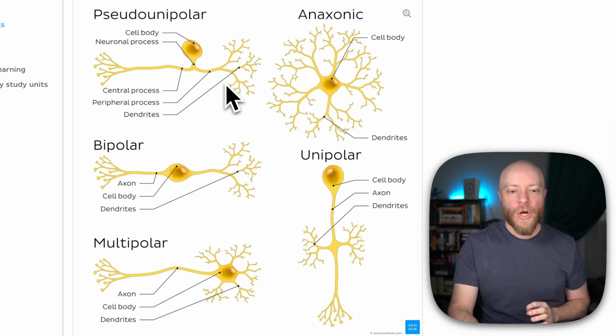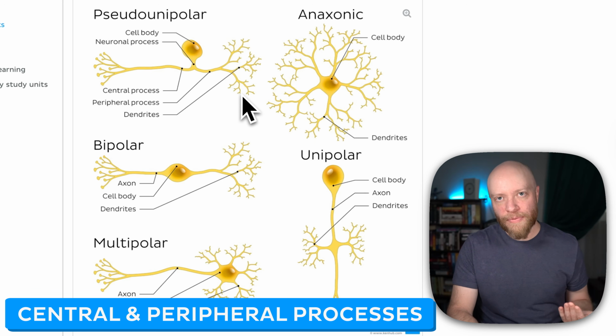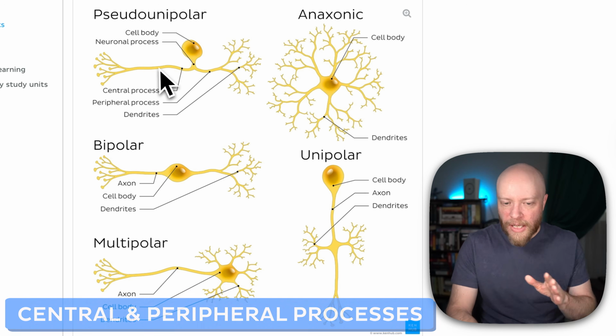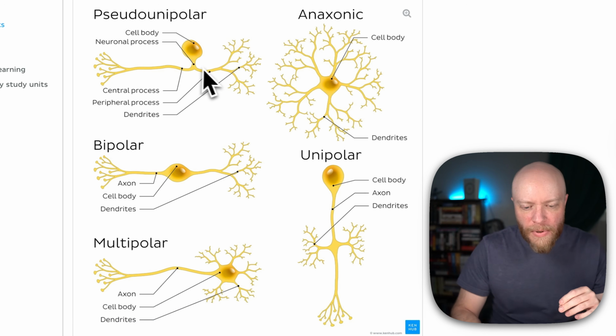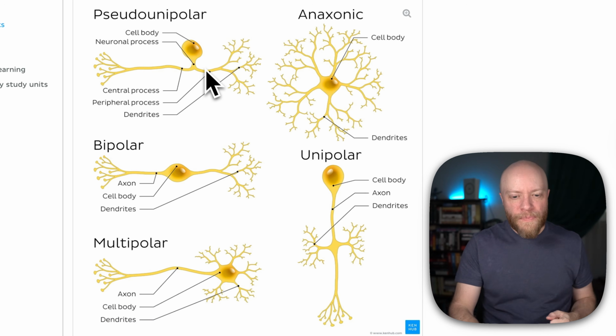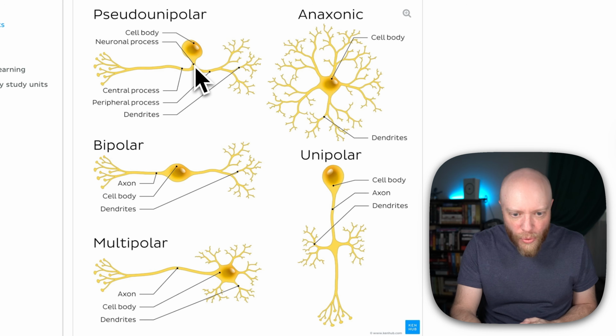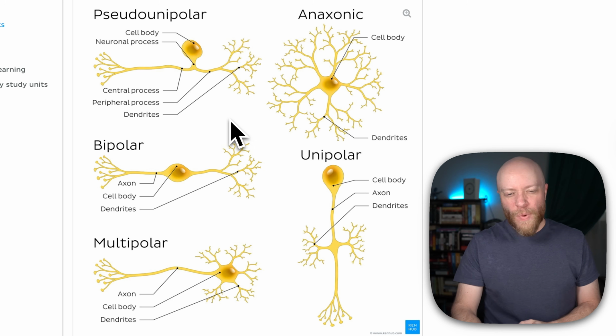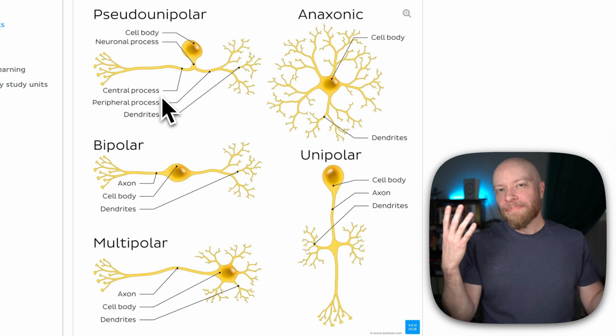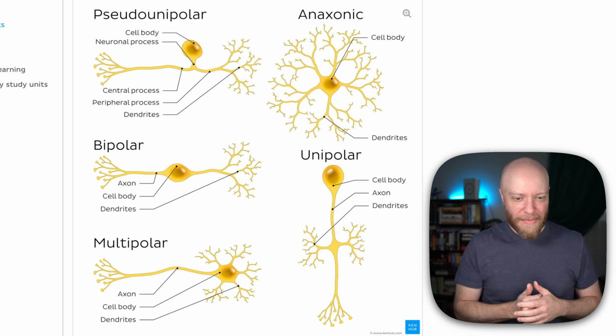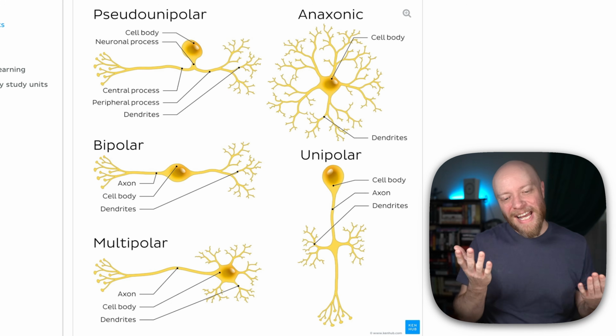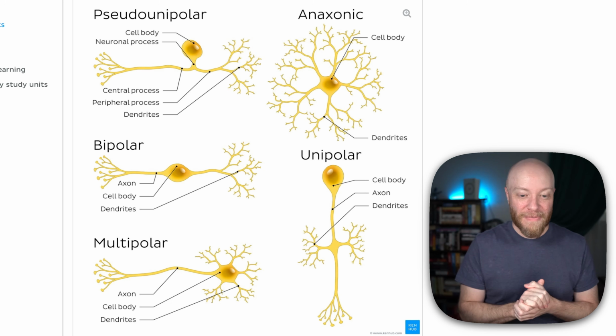My point here is we have what are called central and peripheral processes. We're not going to get into the exact nuances here, but just understand it bifurcates. So we still have this one neuronal process, and we have the cell body. So it's like, hey, you're a unipolar, but then it splits in this way that someone decided to label as a pseudo-unipolar, and that is just what it's going to be called.